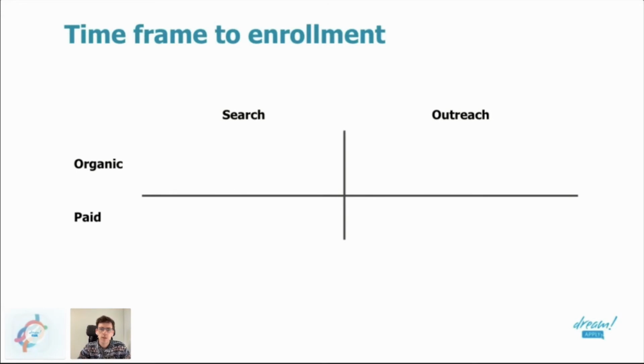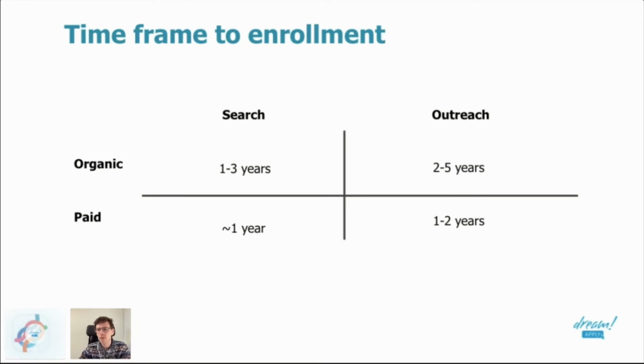So in terms of the time frame before people enroll, let's just put them together. For paid, it could be within a year. Organic search, it would be 1 to 3 years, depending also on the kind of keywords that they find you with. Then organic outreach might be 2 to 5 years.